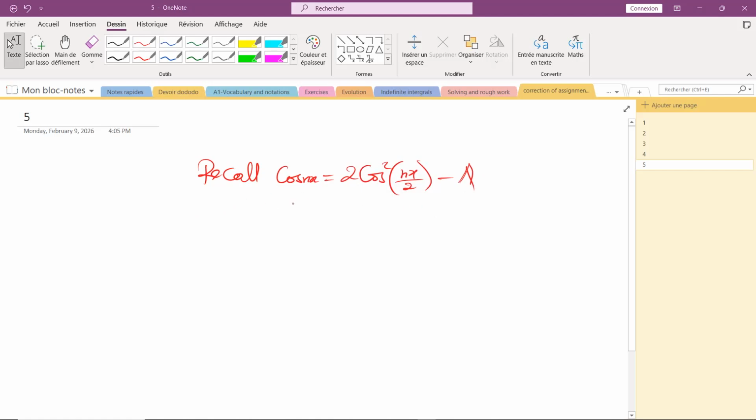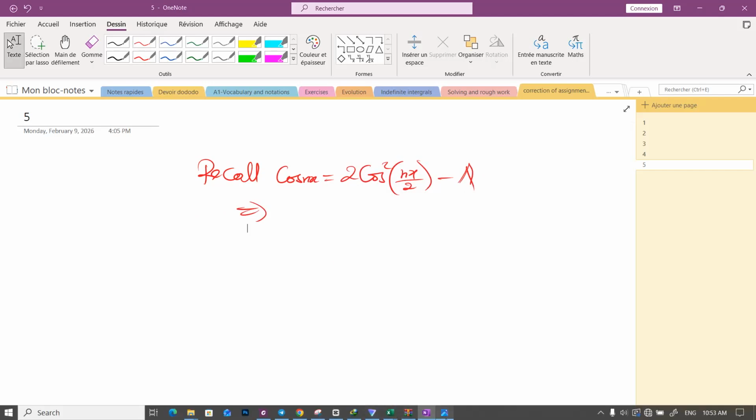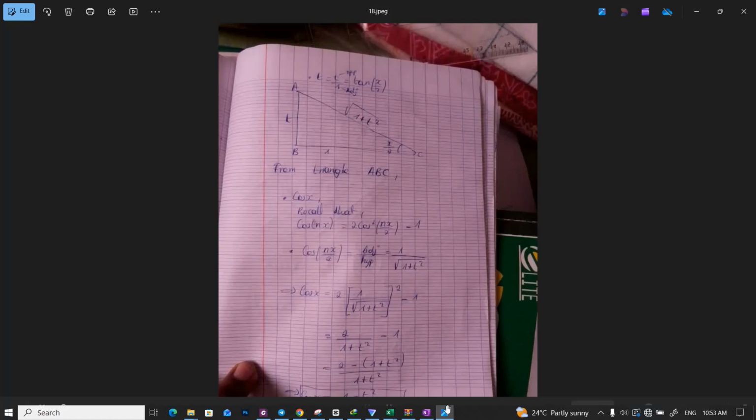This is a recall. You are just recalling a formula. It implies that, according to what you are using, you have to find what?